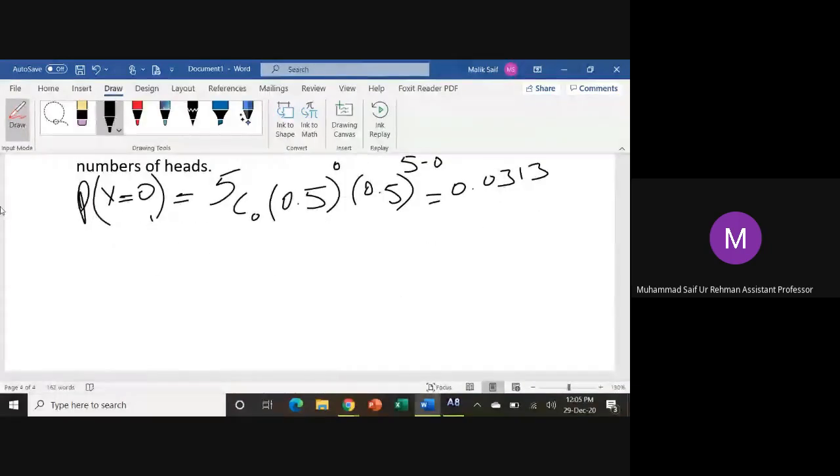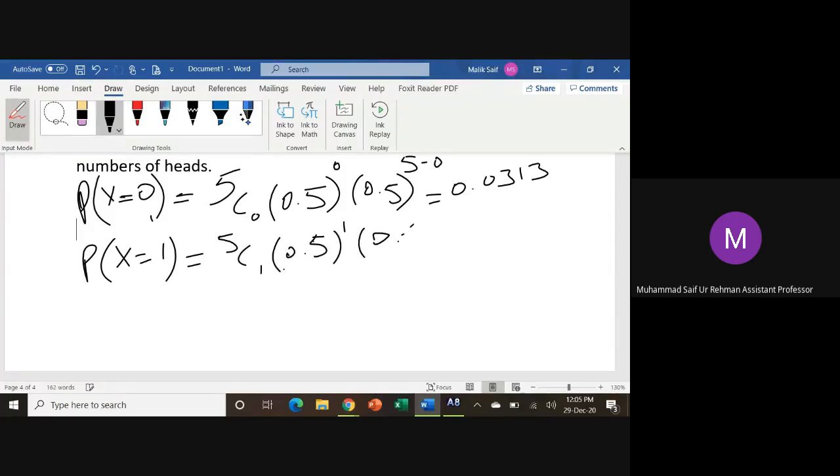Then there will be probability of occurrence of one head. So you can solve it. It will become 5C1, again 0.5 power 1, and 0.5 power 5 minus 1, so that will become 4.